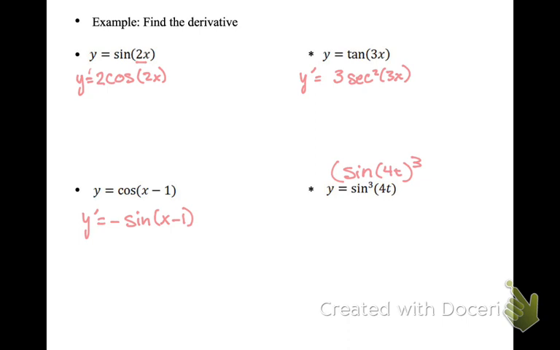So the outside function is what? The cubed. So that's 3 times the inside, squared.